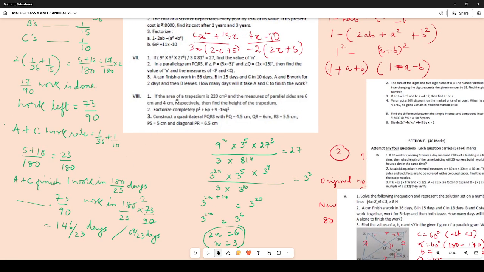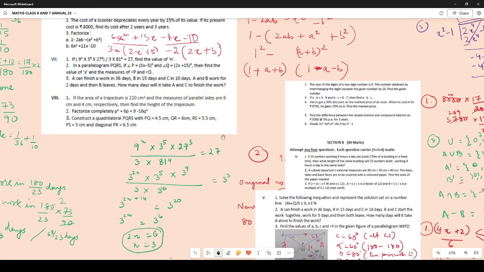Alright. If the area of a trapezium is 220 square centimeters and the measure of parallel sides are 6 centimeter and 4 centimeter, find the height of the trapezium. Right. So height means the distance between them. So let us work it out over here.